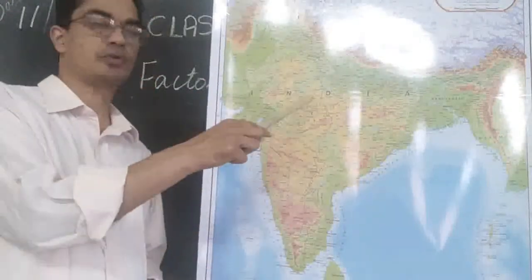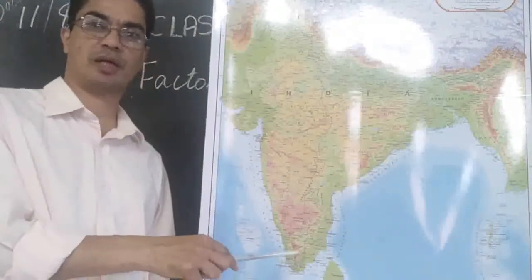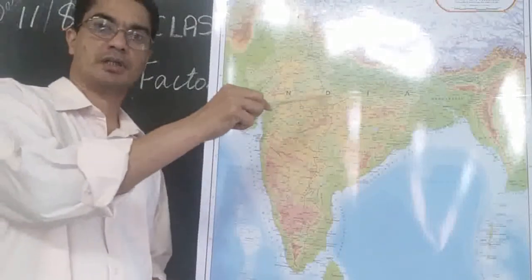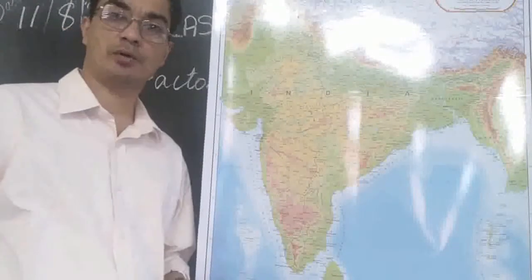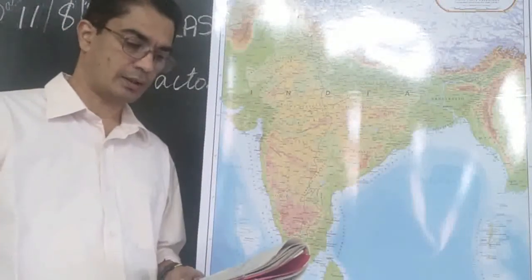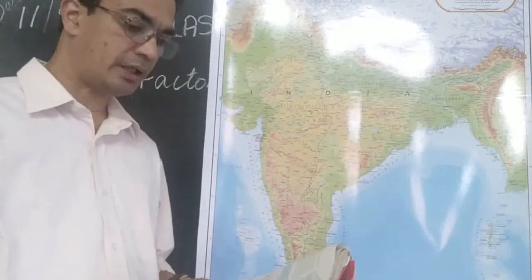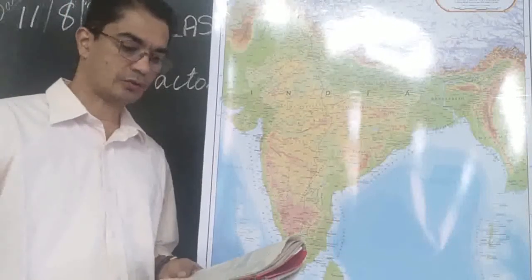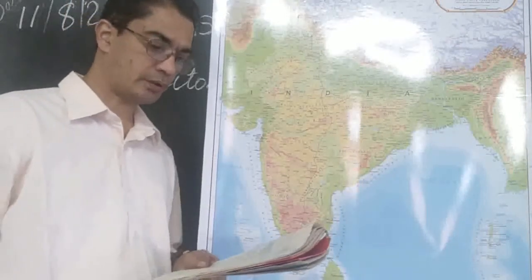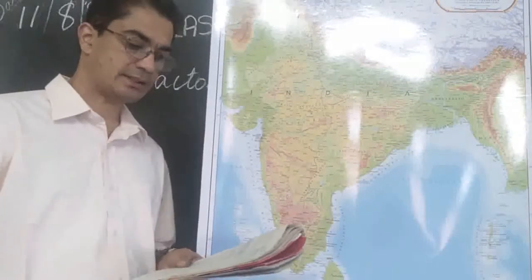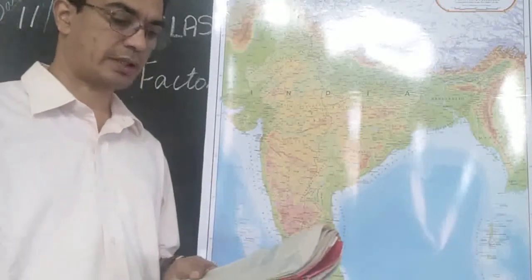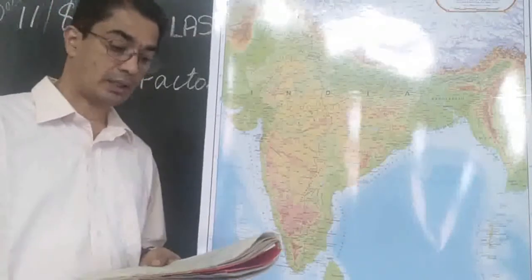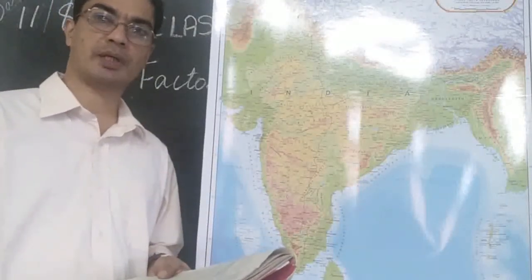So here up to the Tropic of Cancer we have one type of climate, and after the Tropic of Cancer we have another type of climate. Then all the remaining area north of the tropic lies in the subtropic. Therefore India's climate has characteristics of tropical as well as subtropical climates.